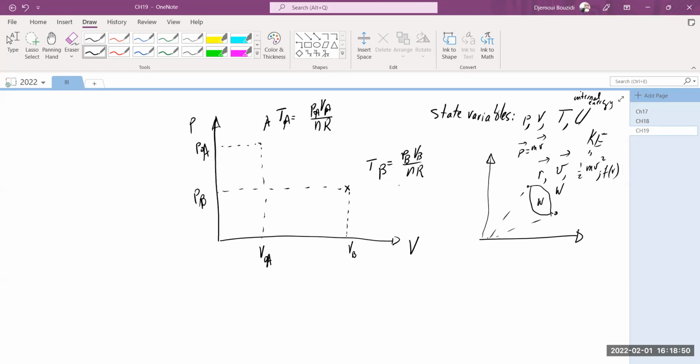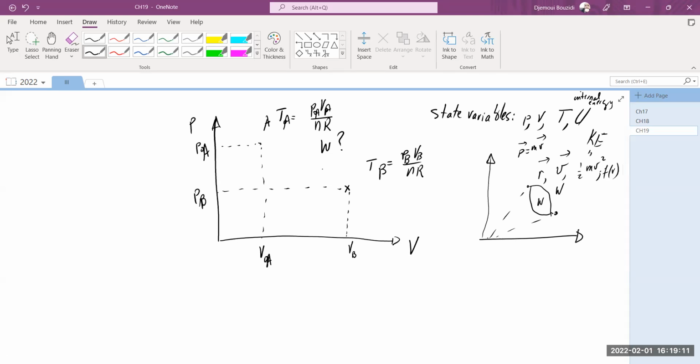The question that we typically ask is how much work did the gas do, because we're assuming we're dealing with an ideal gas, or was done on it. If the number is positive for the work, that means energy is added to the gas.